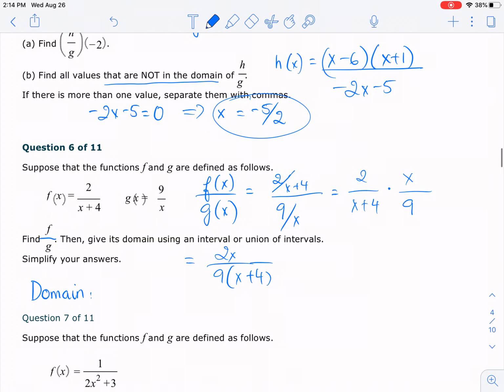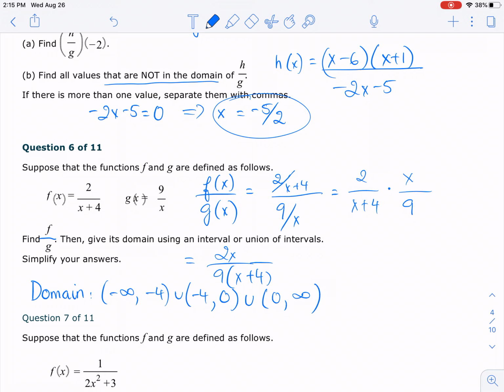So the domain is going to be from negative infinity to -4, and this is how you exclude -4. And we also want to exclude 0. So I'm going to have to do this, and -4.